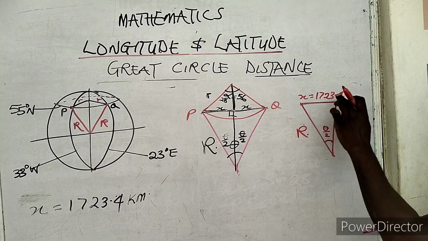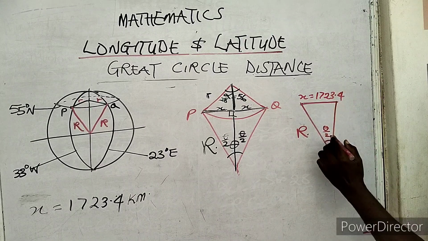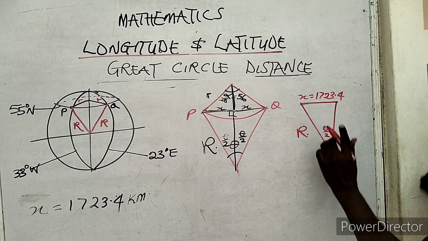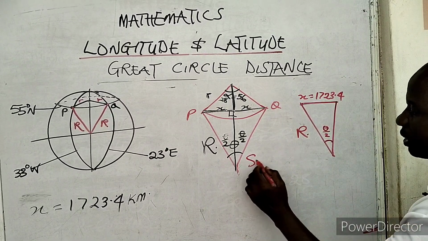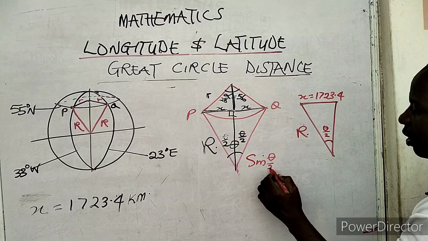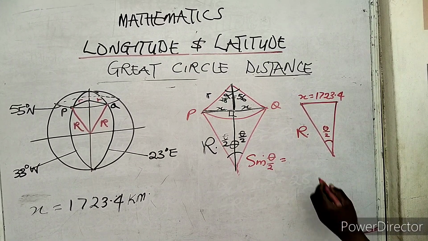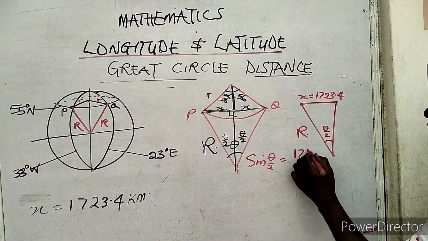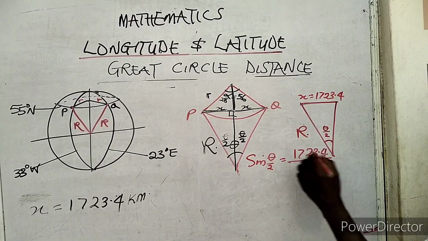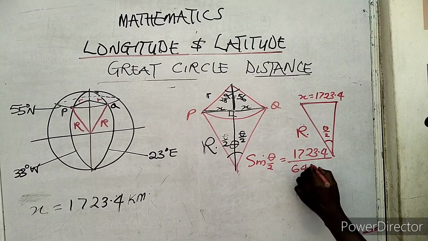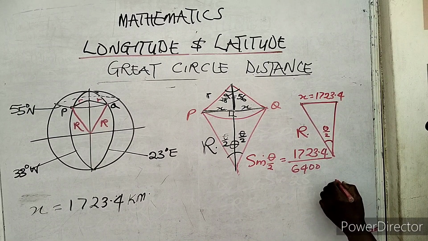Now, I found my x. X is 1723. Now, if we find this small angle, our relationship: this is opposite, this is hypotenuse. Sine theta all over 2 is equal to, what's our opposite? That is 1723.4 all over the capital R, which is 6400.